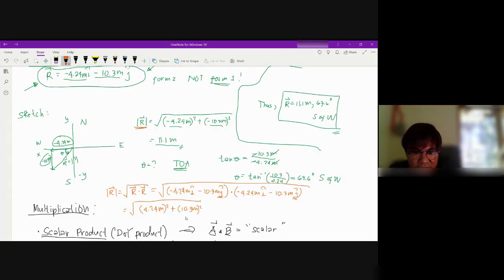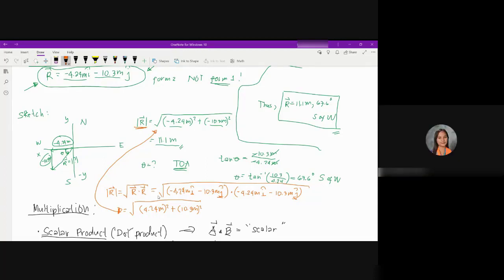Familiar? A negative squared is just positive. Did you understand? Yes, sir.